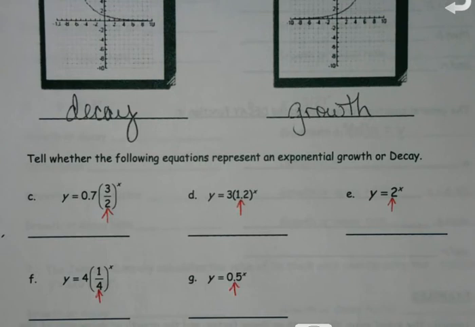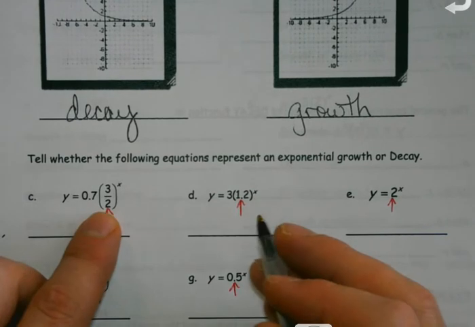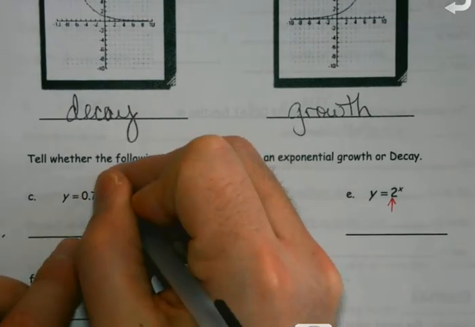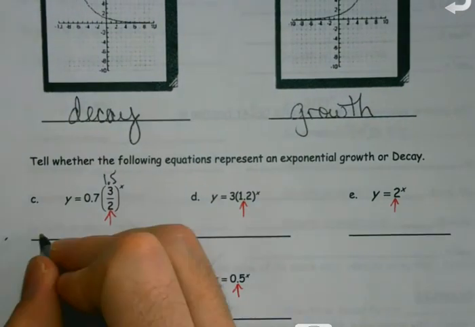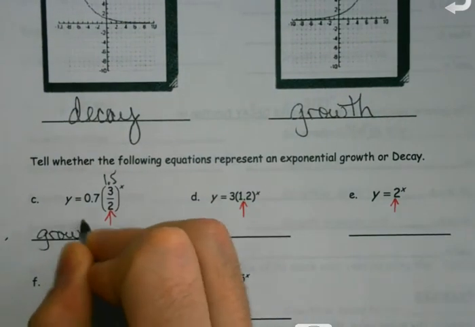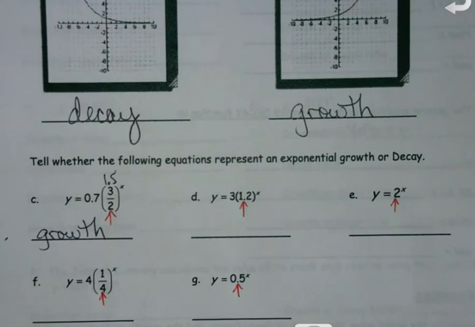Now be careful on C. Is this going to be growth or decay? Growth, because if I punch 3 divided by 2 into the calculator, that's actually 1.5, which is greater than 1. And I shouldn't have to type this into the calculator and look at the picture to be able to figure that out.